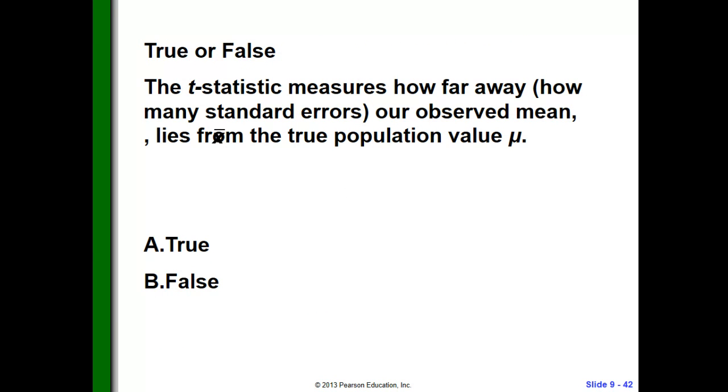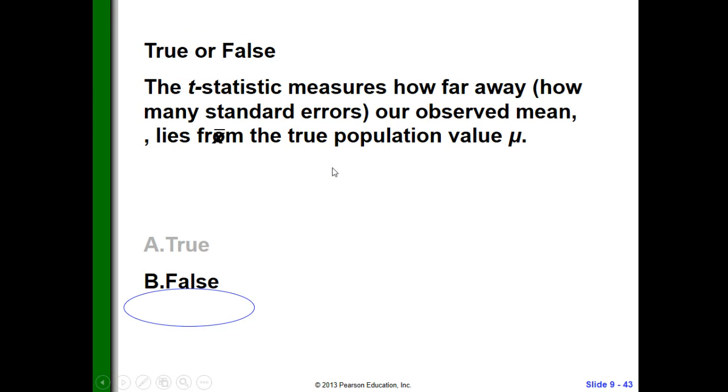The T statistic measures how far away, how many standard errors, our observed mean X bar lies from the true population value mu. This is true. Oh, something's not right. Let me read this. No, no, no. You see, they got me again.